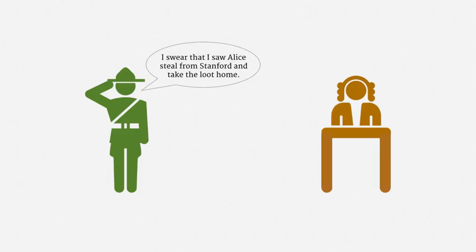To get a search warrant for the loot in Alice's home, the officer will usually write up an affidavit and a proposed warrant. Many jurisdictions also allow for hearing warrant applications by phone and have a judge on duty at all hours. So the warrant process can be fairly informal and can happen very quickly.